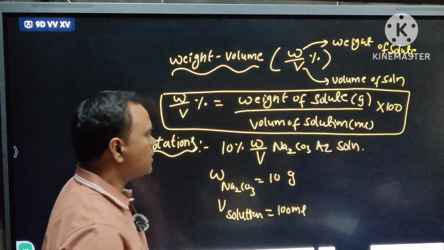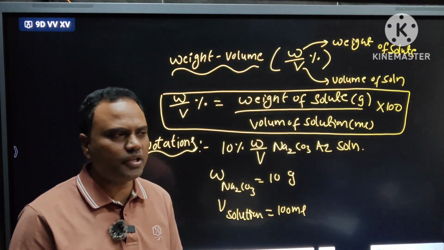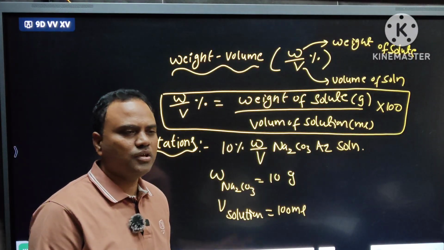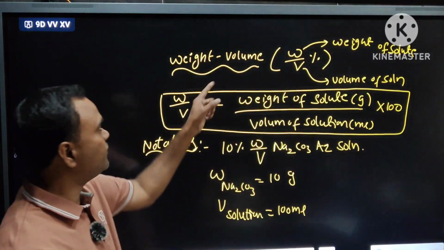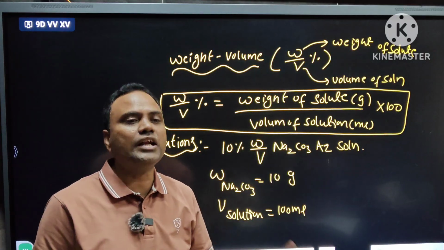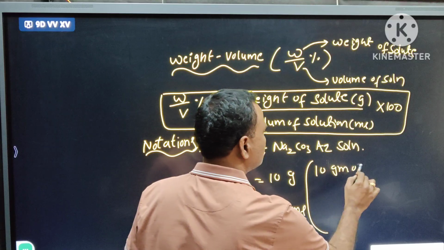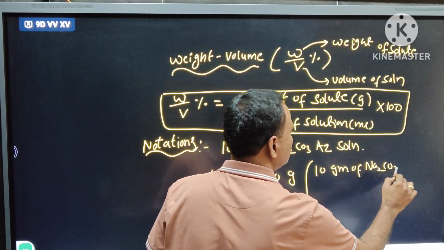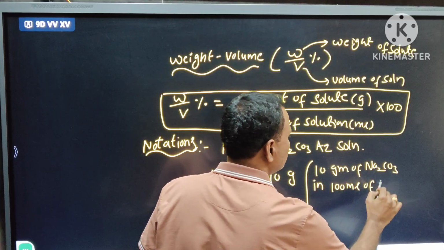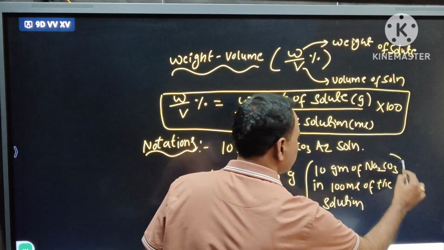See, 10 grams of Na2CO3 is present in 100 ml of the solution. This is the meaning. In the last term we used 100 grams, now 100 ml because V is there. Got it? You can note down: 10 grams of Na2CO3 is present in 100 ml of the solution. 100 ml is fixed.